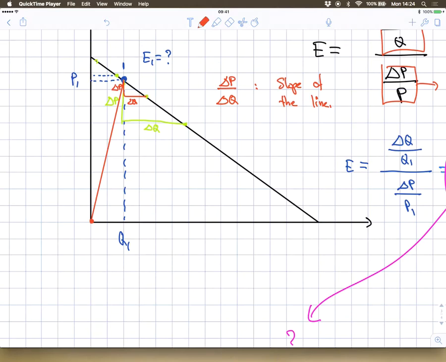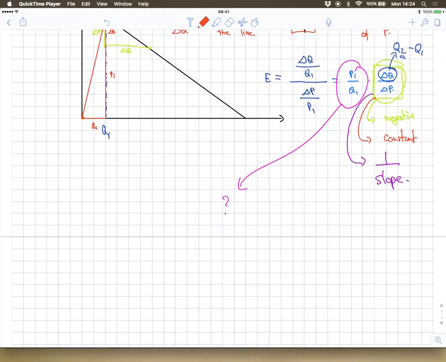P1 by Q1, right? If you look at this bit here, this height here is just P1. This height here is just Q1. Remember how we calculated the slopes? Rise over run. So it's P1 divided by Q1. So what is this? Let's put a name to this.